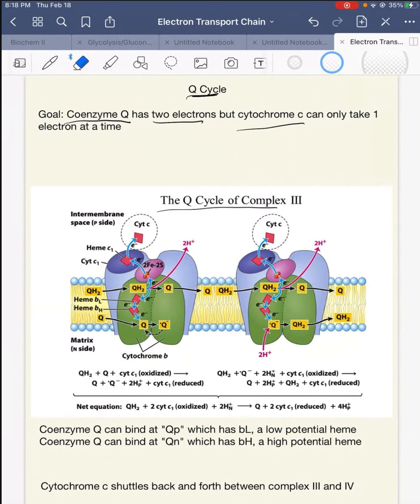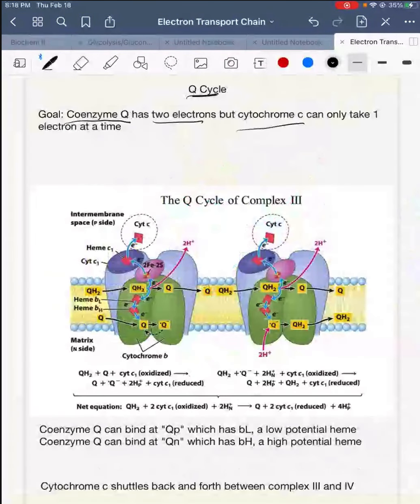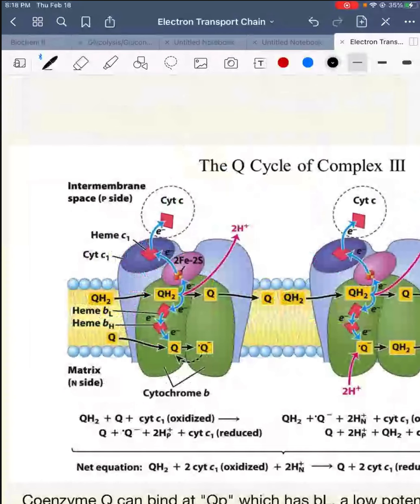So let's go back. Let's zoom in. Let's first identify the 3 prosthetic groups that we talked about. We talked about cytochrome B as one prosthetic group, then cytochrome C1, and then this is our iron sulfur Rieske.